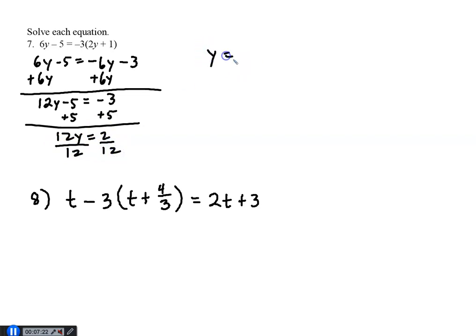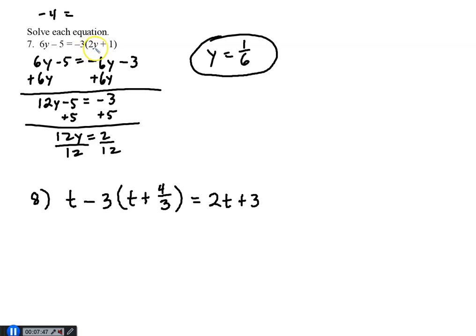So I'll put my answer up here. It started off as 2/12ths, but I can reduce that to 1/6. And you could check it. If you've got time while you're taking your test, let y become 1/6. 6 times 1/6 is 1. 1 minus 5 is -4. Okay, let's see if we get -4 on the right side if we let y be 1/6.